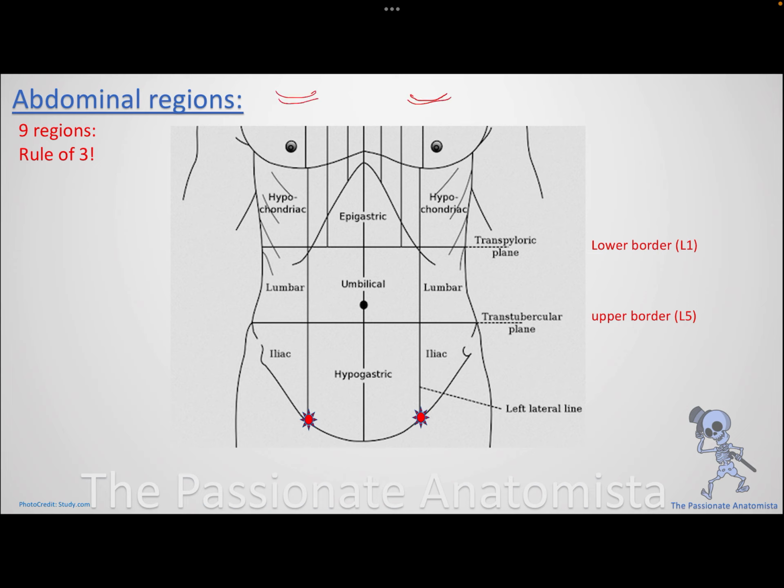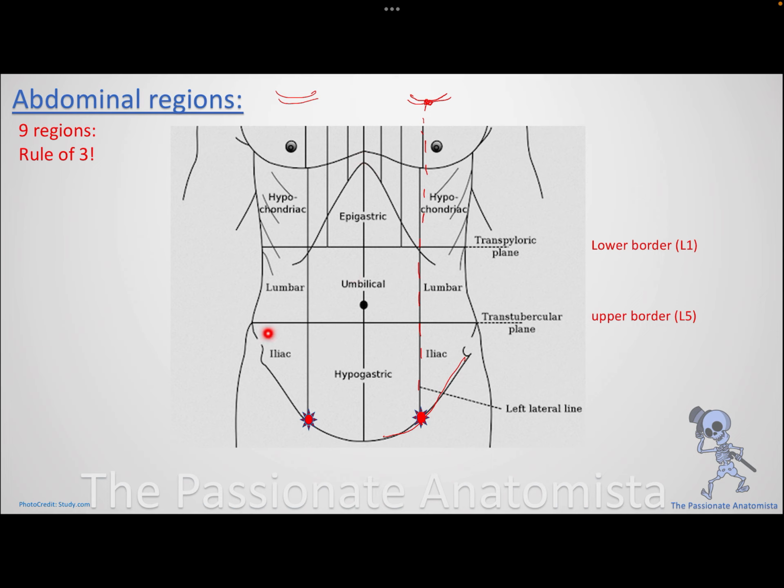So at a mid-clavicular point, you go all the way down to the mid-inguinal point. So this is the inguinal region, the inguinal ligament. Once you go to the mid-inguinal point, this is your lateral line. And then you have 2 transverse lines. So these are the 3 vertical lines.